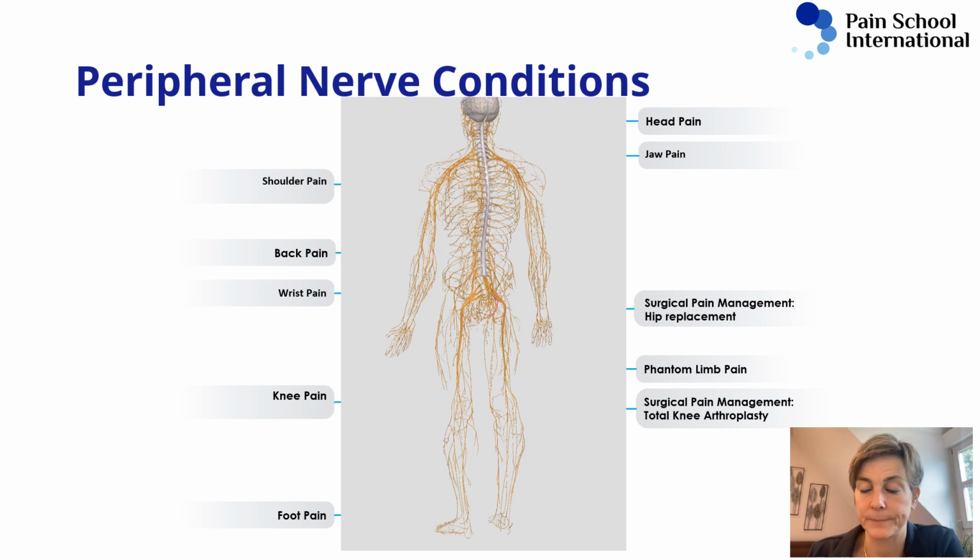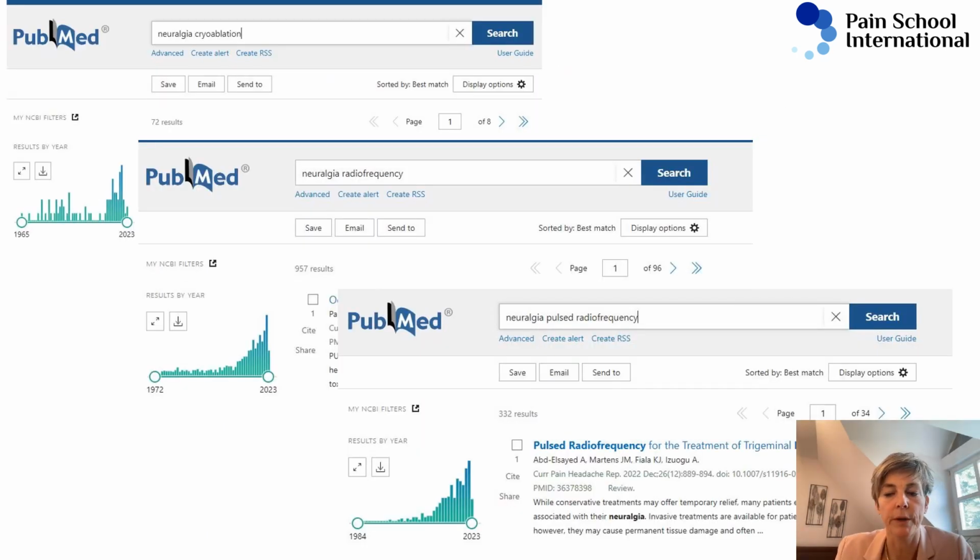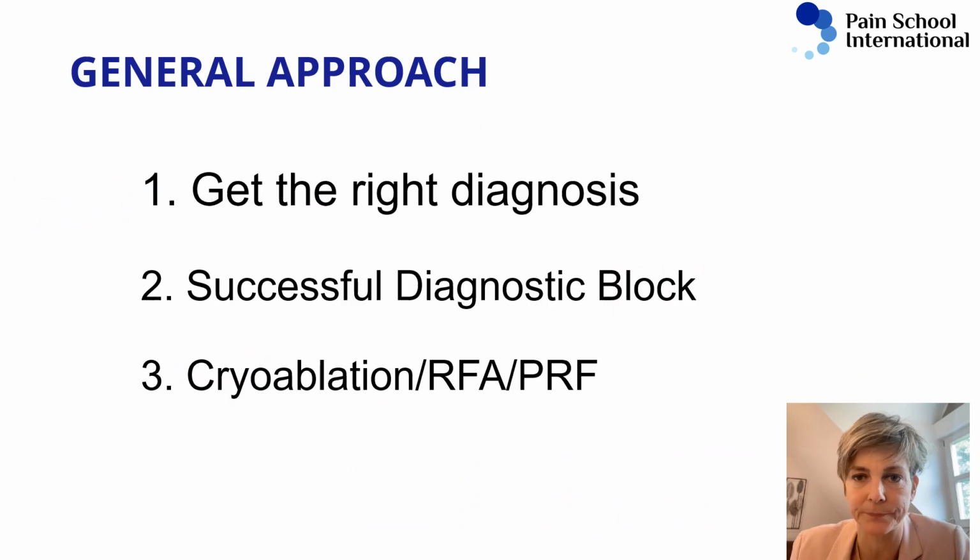But one thing we need to recognize is that we have much more studies available for radiofrequency and pulse radiofrequency than cryoablation. Even if I might give you a feeling with this talk that cryo is the magic bullet, it is not. Or maybe it is, but we need to have much more studies.